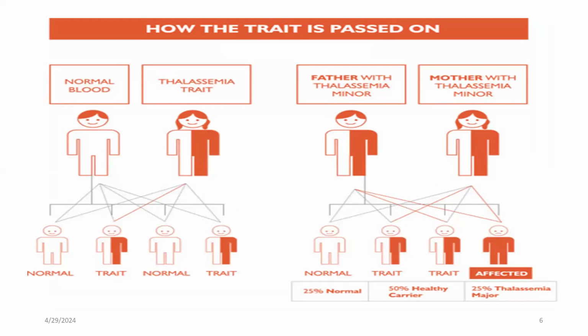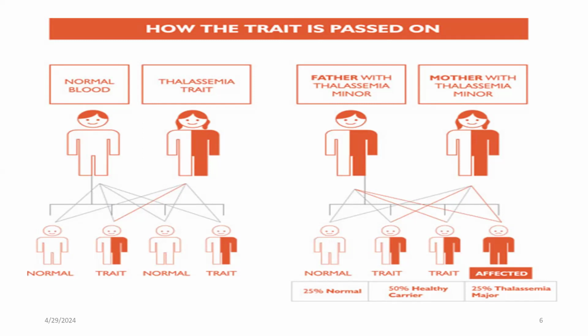As we can see on the left-hand side, we have a normal parent and a carrier mother. What we can see is 50% are normal and 50% are trait, as compared to the other case in which both parents, mother and father, are carriers with thalassemia minor. In that case, 50% of offspring will be healthy carriers.